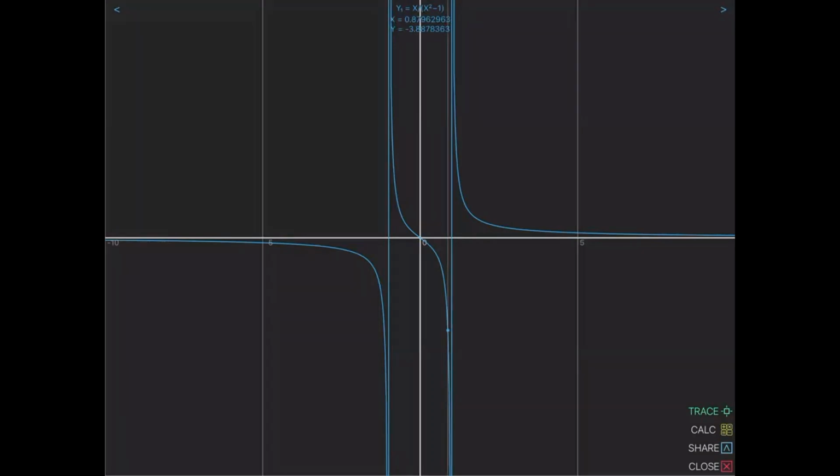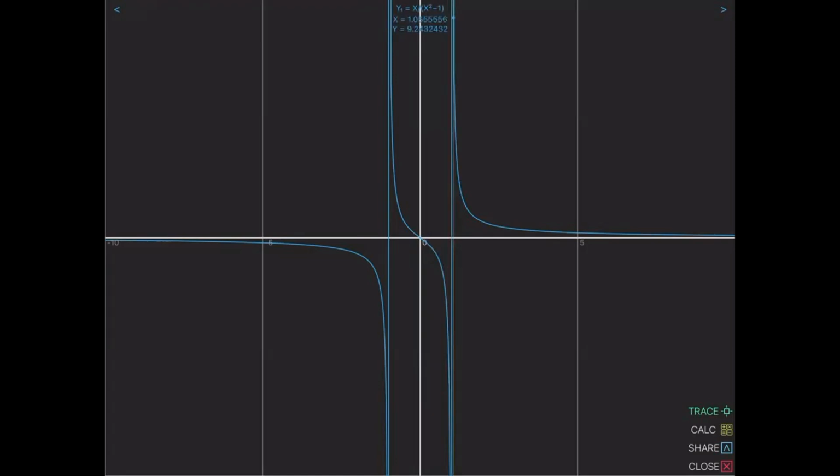Here we have a function that's opening downwards, so it's concave down from -infinity until it hits that first vertical asymptote. After that, it is opening upwards slightly until at 0 it changes direction and comes back down, opening downwards.